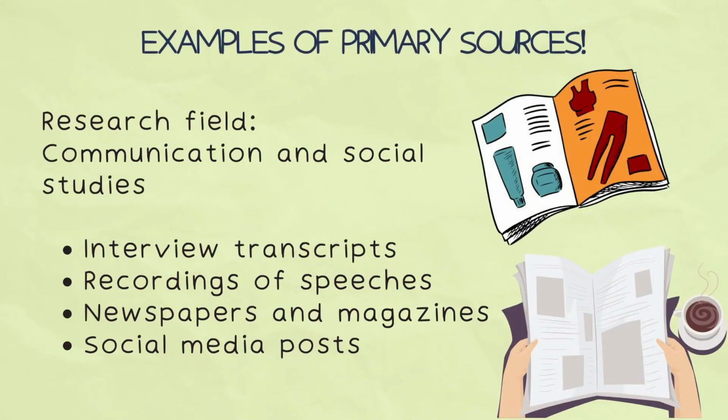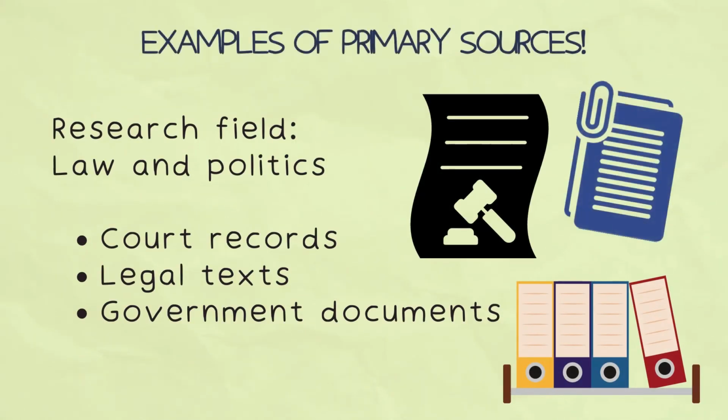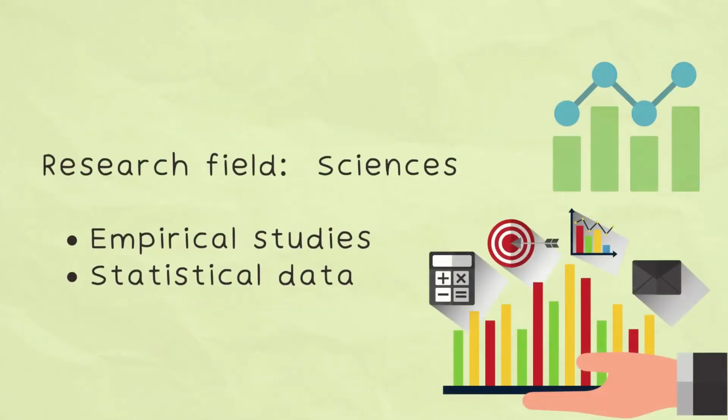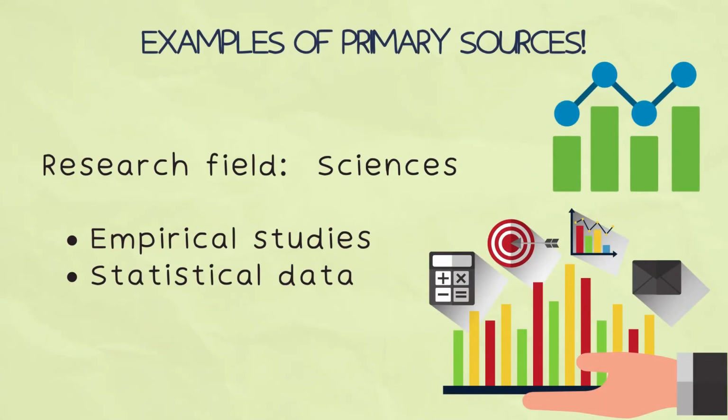Communication and social studies can be interview transcripts, recordings of speeches, newspapers and magazines, social media posts. Other examples of primary sources in research fields, law and politics, are court records, legal texts, and government documents. In terms of sciences, empirical studies and statistical data.